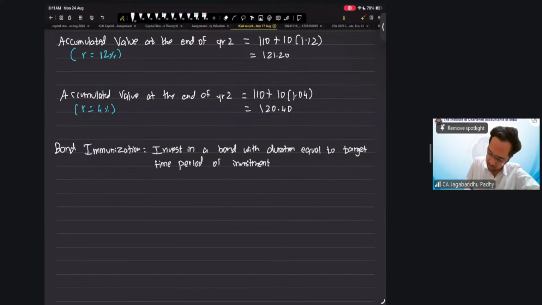So this simply means that if your target time period is 2 years, invest in a bond with that duration.